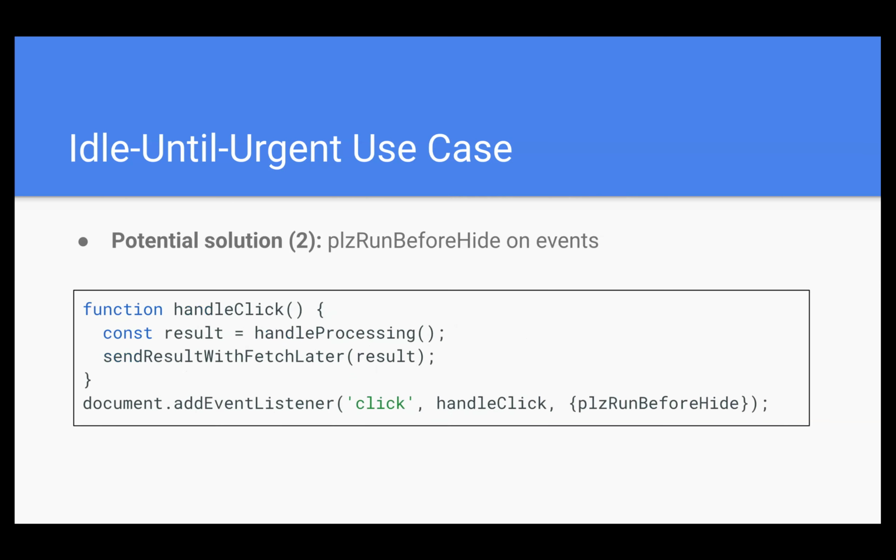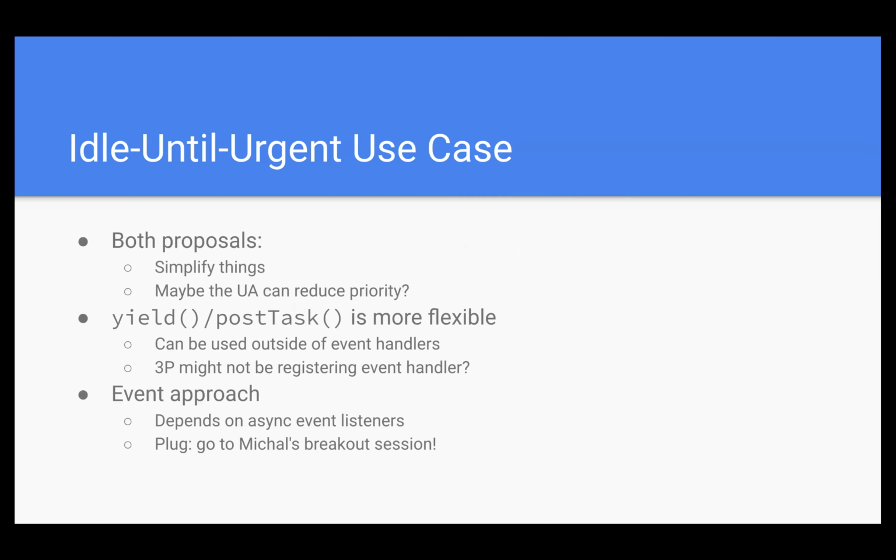That's just one idea. Another idea is the same thing, "please run before hide", but on events. Maybe you could just attach that to the event handler. It saves you a little bit of a step because you don't have to yield right away. But you lose a little bit of flexibility with the event approach.